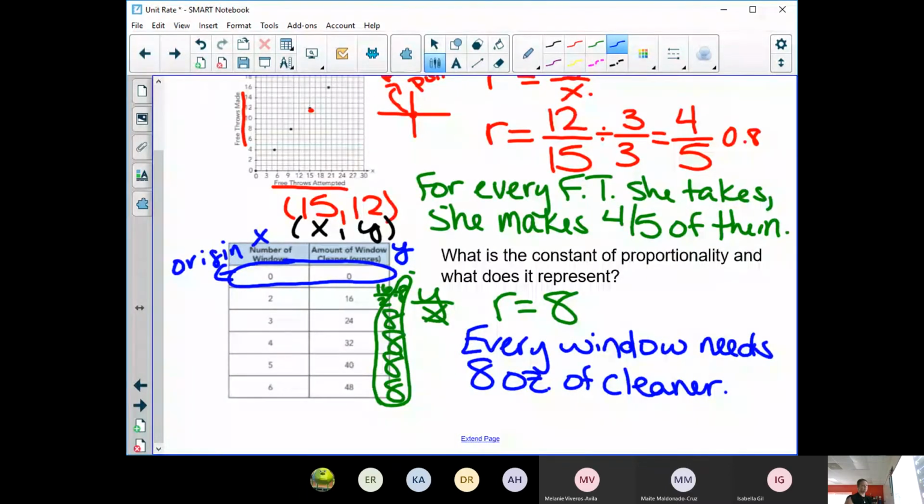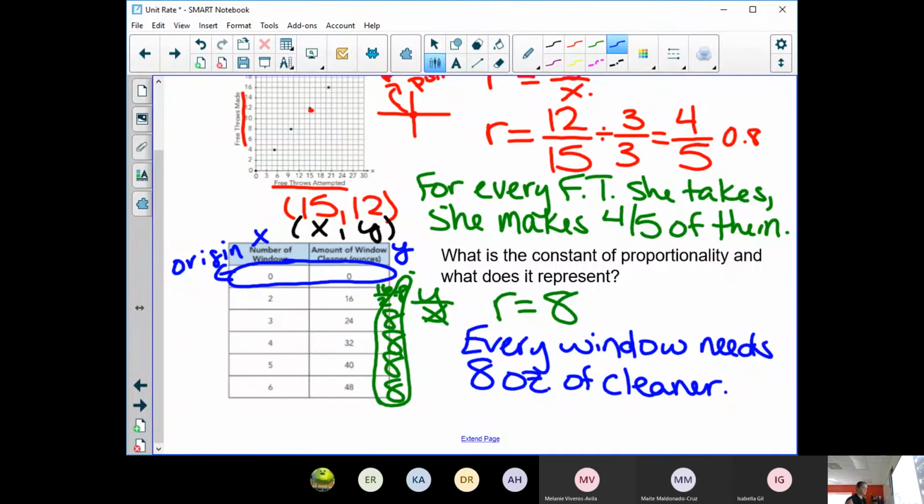How many ounces of cleaner would it take for 10 windows if one window is 8 ounces? Brandon says 80.